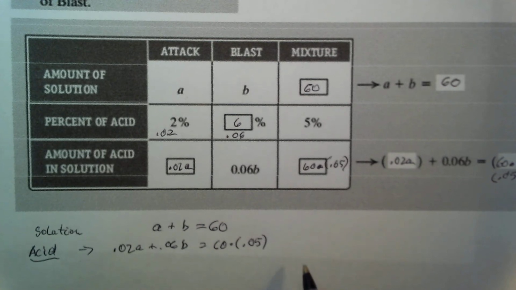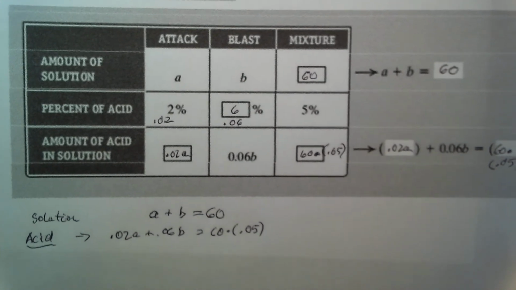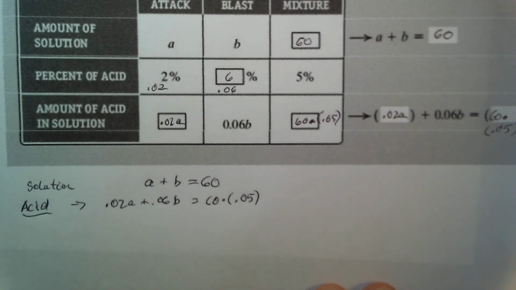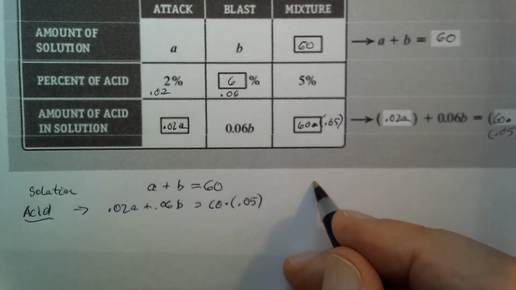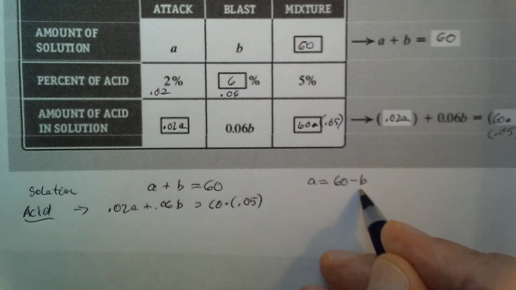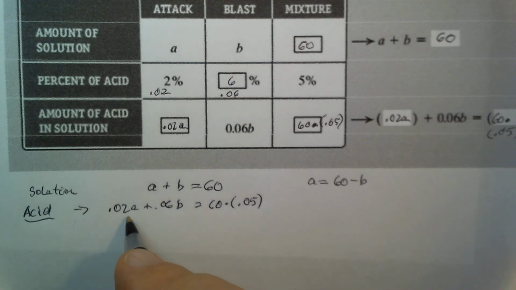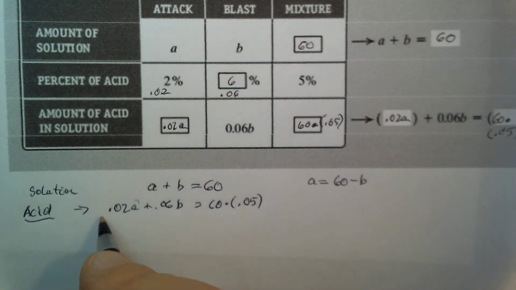Okay, so again we can use substitution, or we can use a different approach. Again, I think it makes sense to use substitution. So we can solve the first equation for A. A is equal to 60 minus B. Then we substitute for A the expression 60 minus B in the second equation.